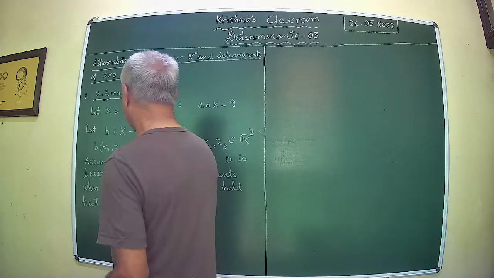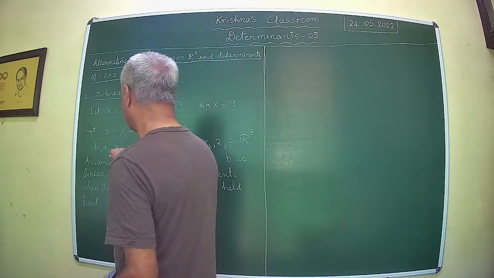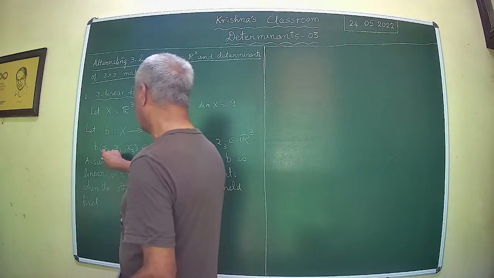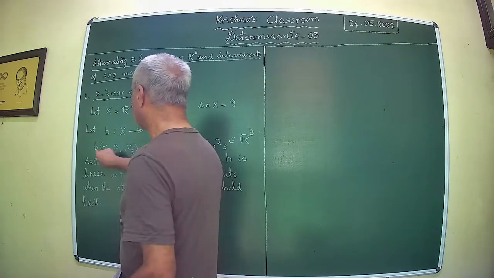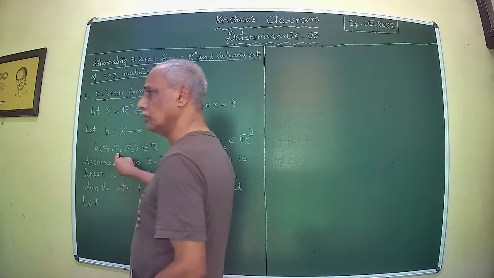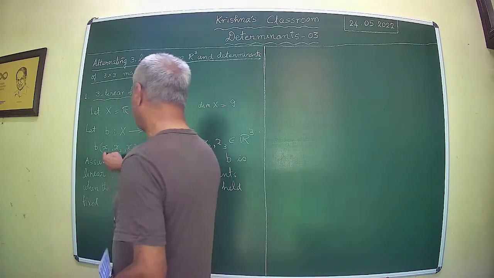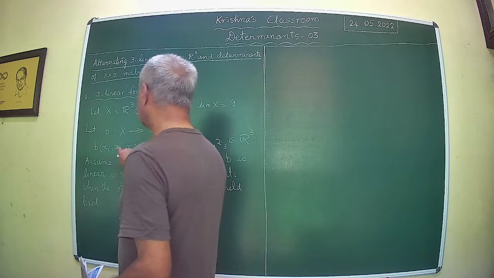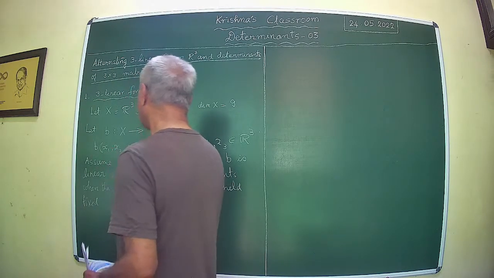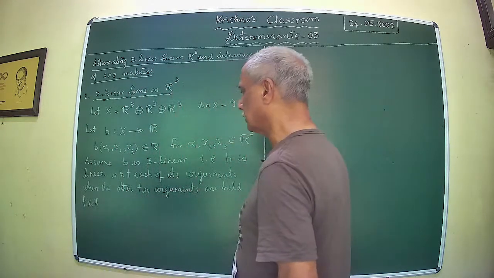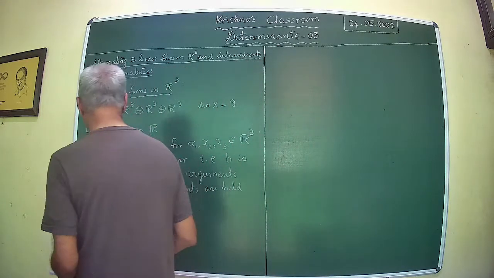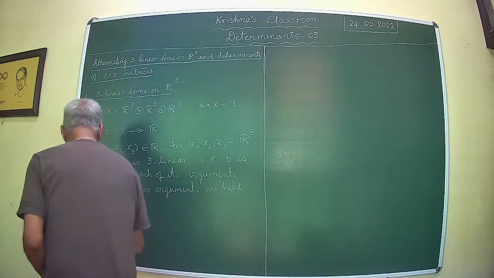Similarly, when x2 is allowed to vary, x1 and x3 are fixed, B is assumed to be linear with respect to x2. So also when x1 and x2 are held fixed, B is assumed to be linear with respect to x3.